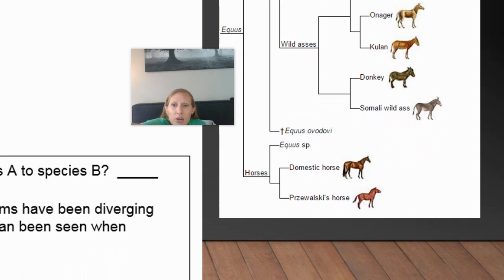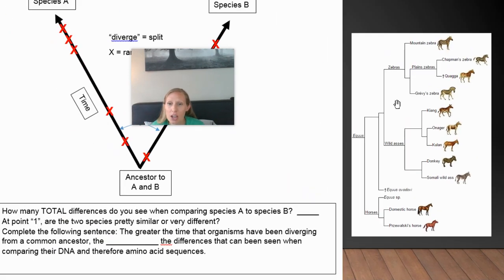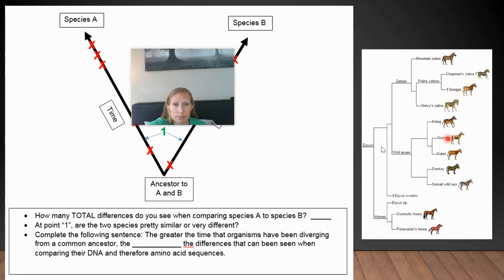Then if I go down to the horses, there's the domestic horse and Przewalski's horse. Their branch is close, so they're not that different. But if I zoom back out, look at how big the branch is between the mountain zebra and the domestic horse. Very, very different over time. More time, the more differences.